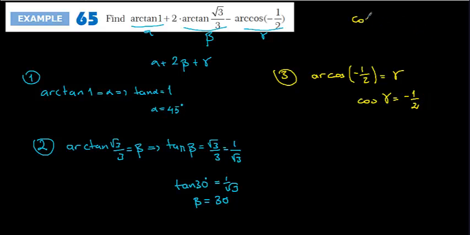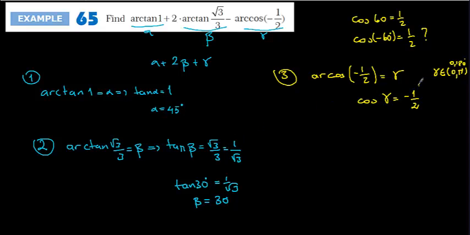Normally cosine 60 is equal to 1 over 2, but cosine minus 60 is also equal to 1 over 2. So what are we going to do here? Here we are going to use the definition interval. Gamma must be an element of 0 to pi, if you remember, 0 to 180 degrees.